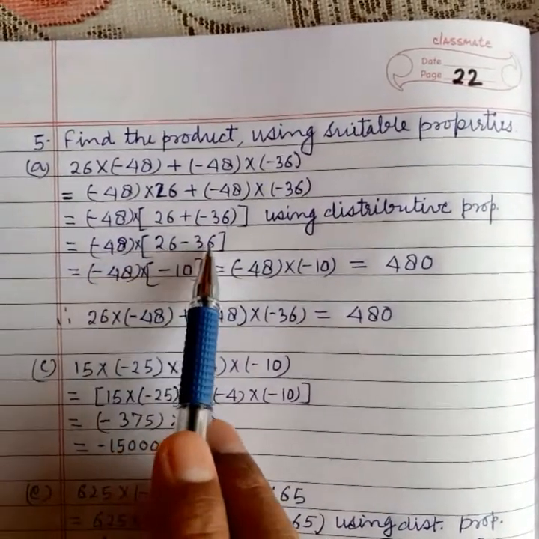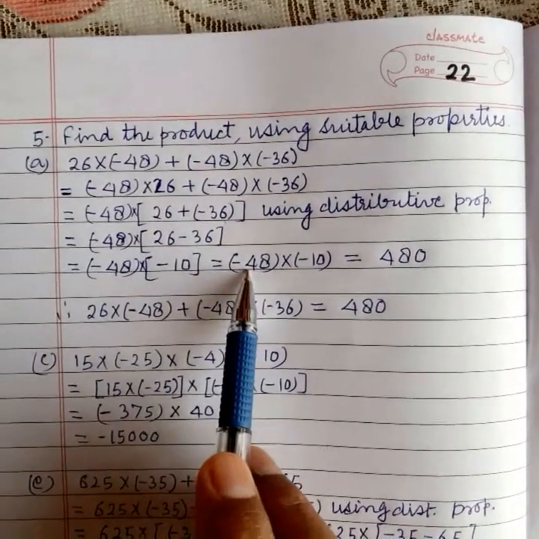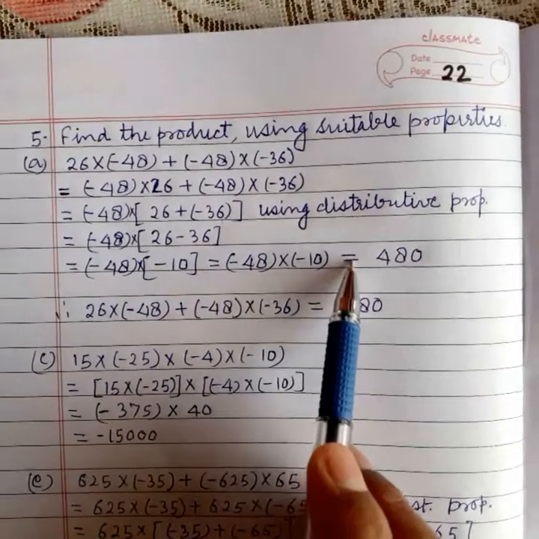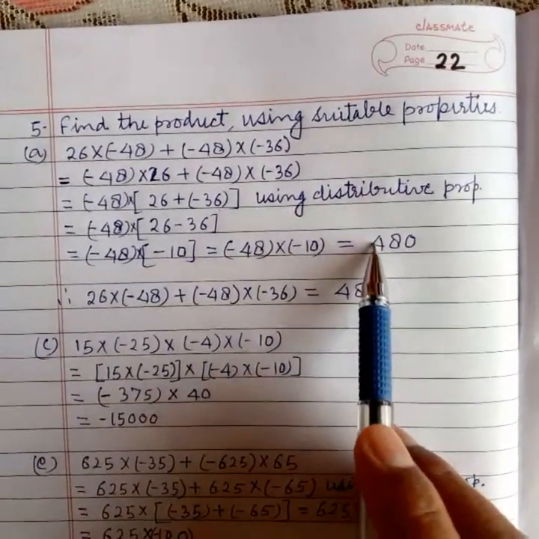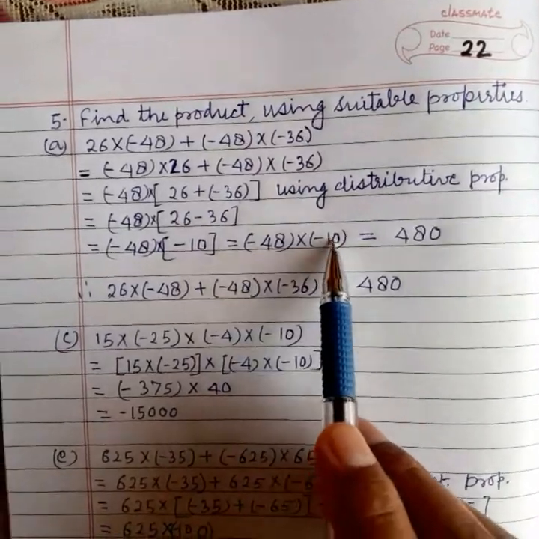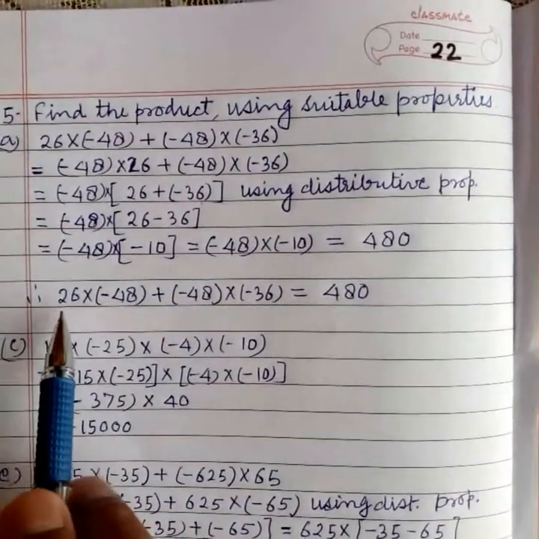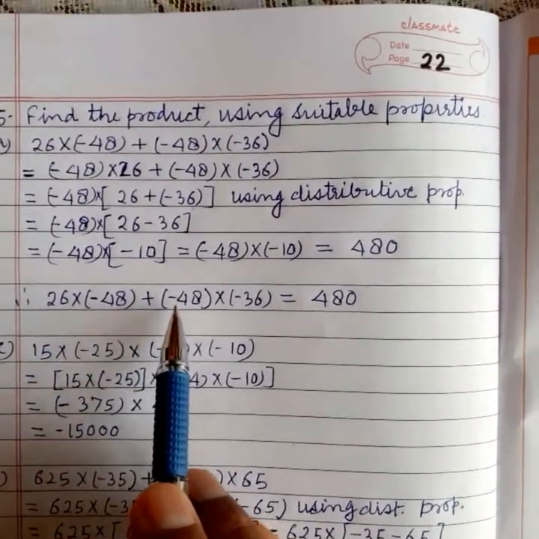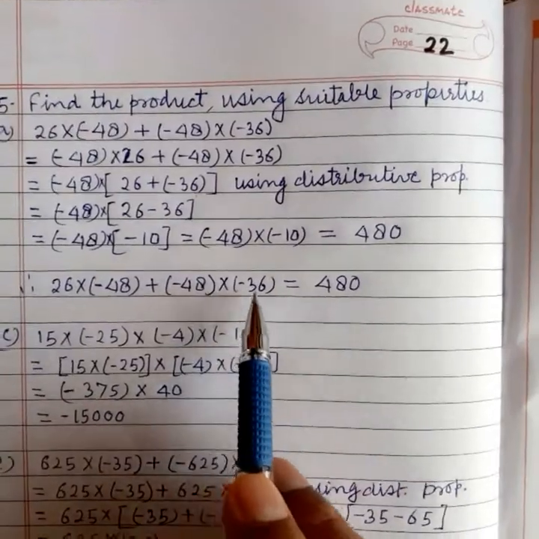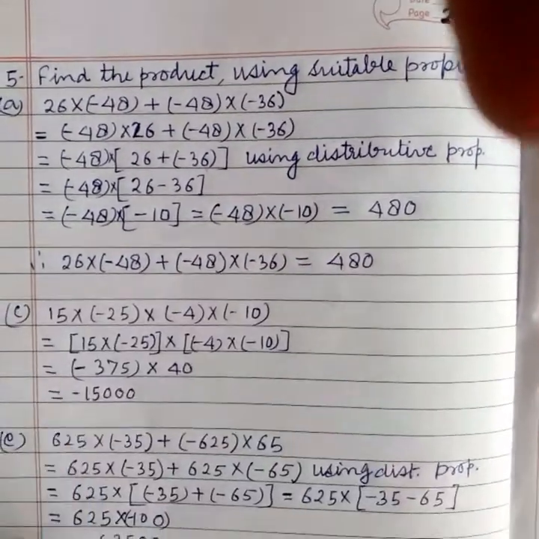Now 26 minus 36 is minus 10. So minus 48 into minus 10, minus and minus will become positive. So 48 into 10, that is 480. Therefore 26 into minus 48 plus minus 48 into minus 36 is equal to 480.